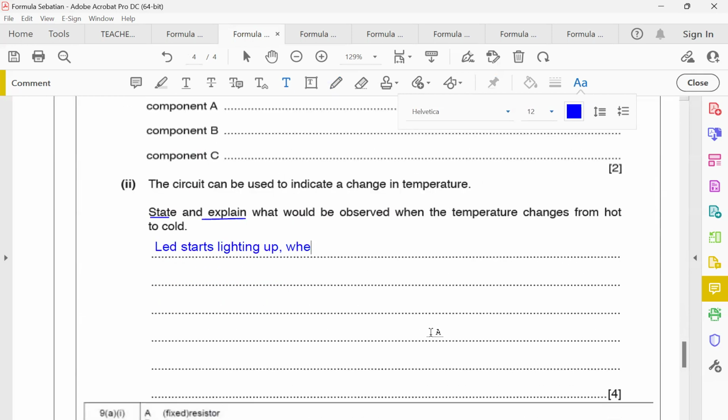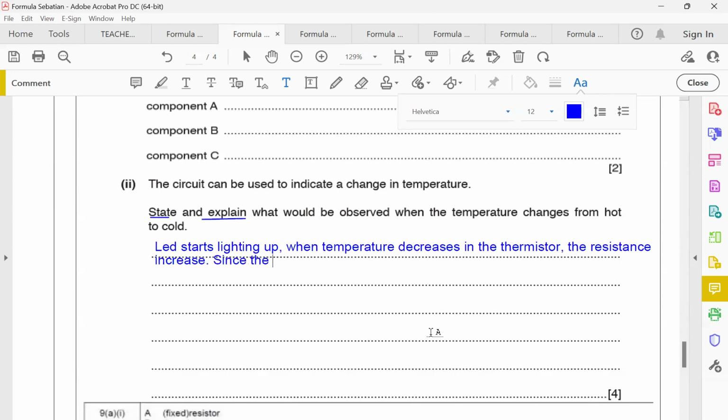Then you say, when temperature decreases in the thermistor, the resistance increases.